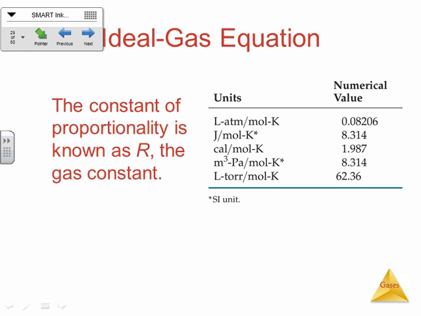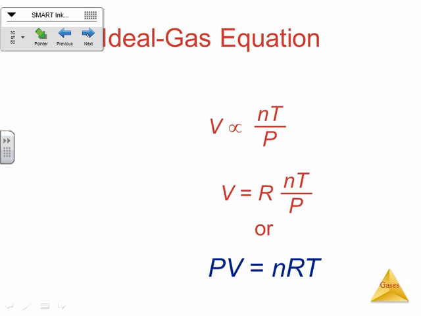You're going to use this R in different scenarios. Probably the two that you're going to use for the gas laws are going to be the top and the bottom. But the atmospheres versus the torr thing, that's the only thing that's different about these, so it just depends on which pressure unit you're using in your problem as to which R you're going to use.